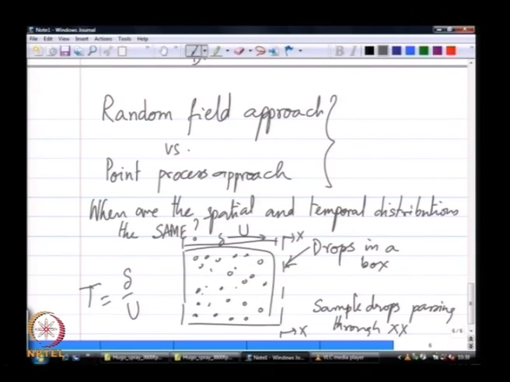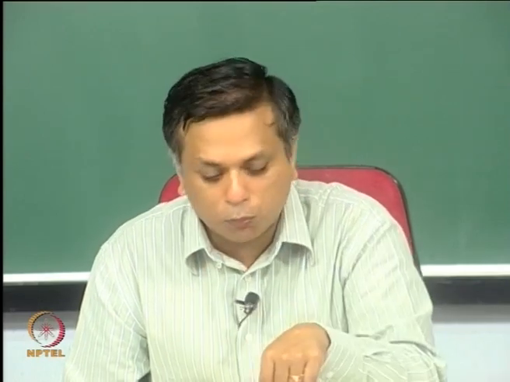So, whether I take a snapshot at some time t equal to 0 of this box and construct a spatial drop size distribution from all the drops in that box, or whether I sit at location x and sample all the drops that come through that cross section and then construct the same distribution, I will get exactly the same answers.